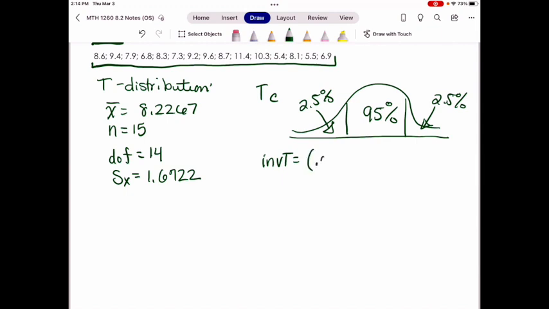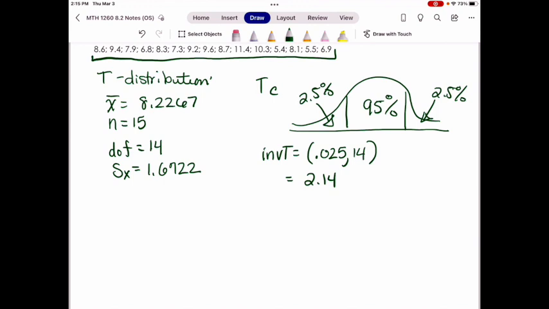I'm going to put in my percentage, which is 0.025, and my degrees of freedom, which is 14. When I do that on the calculator, I get that my t-critical is 2.14 if we round it to 2 places.